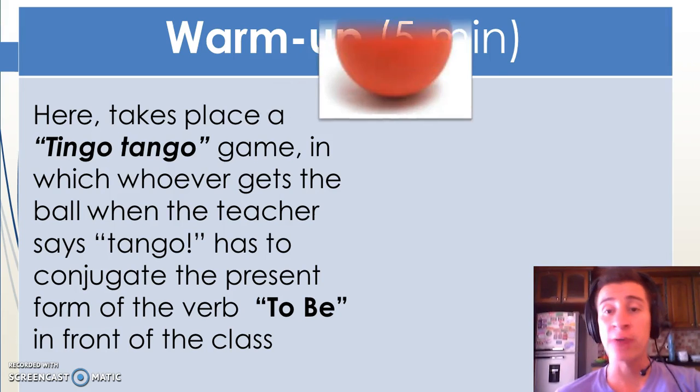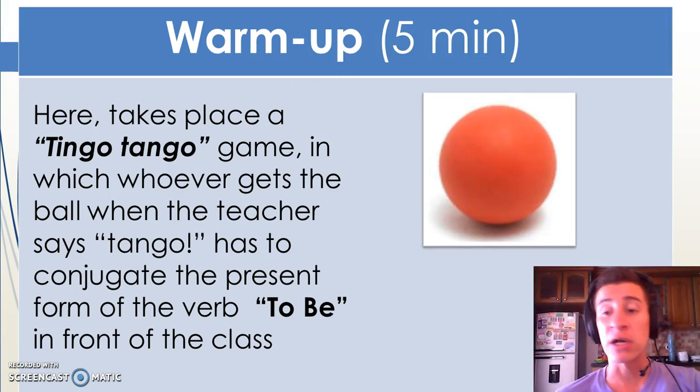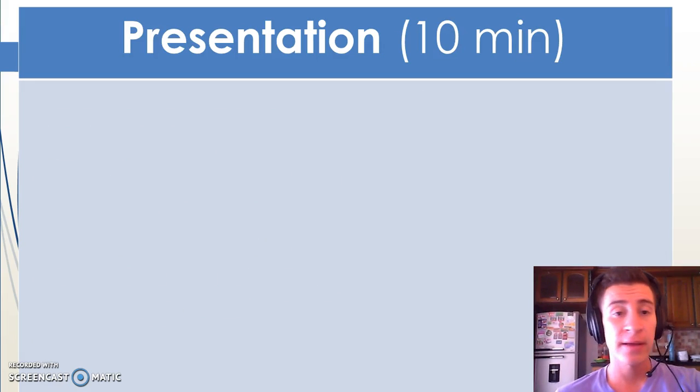So the student comes forward and has to conjugate the different forms of the verb to be, for example using some subjects: I am, you are, he is, it is, she is, whatever. Because this is, I consider, the route in which the class is going to be developed.